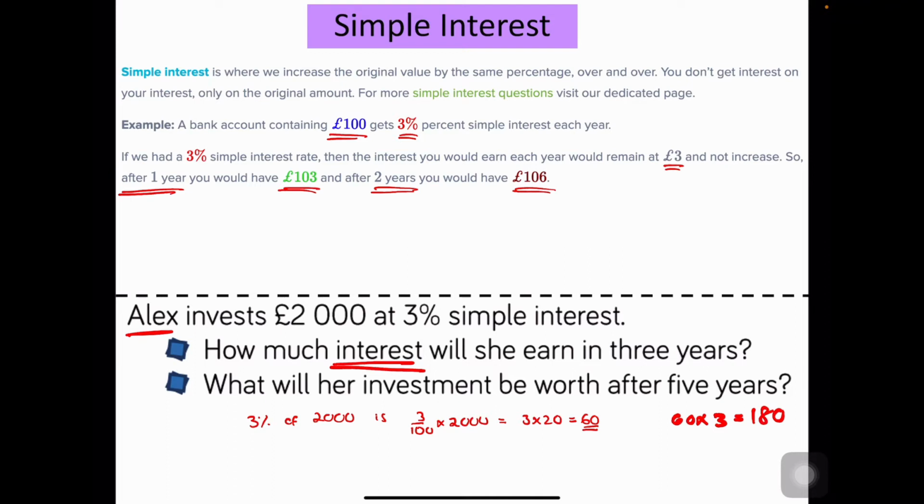What will her investment be worth after 5 years? Okay, now we want to think about the total amount. So we start off with £2,000 and you are adding 60, and we could write plus 60 plus 60 plus 60 until we have 5 60s, but of course it's much quicker to just write multiplied by 5.